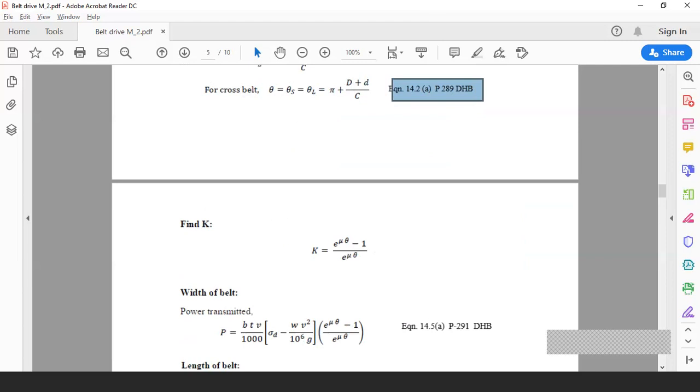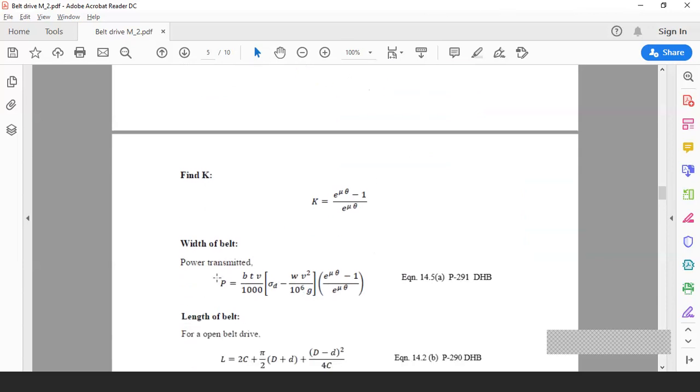Next, to go for the width of belt calculation. By using the power transmitted equation, power transmitted P, so this is the equation, where B and T are the dimensions, the cross section of the belt, V is velocity, sigma D is the stress in the material, omega is the specific weight, and V square. The factor (e raised to mu theta minus 1) divided by e raised to mu theta is the constant that you have to calculate separately and substitute here.